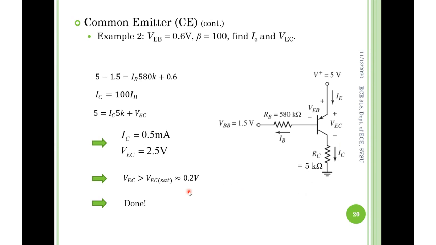Not as easy as the MOSFET to leave saturation. Any questions? Yeah, seems pretty straightforward so far.